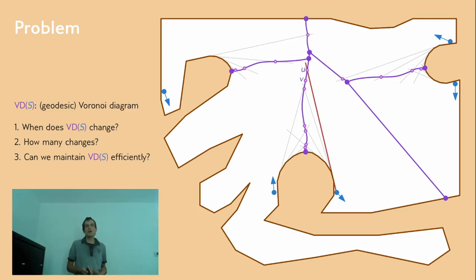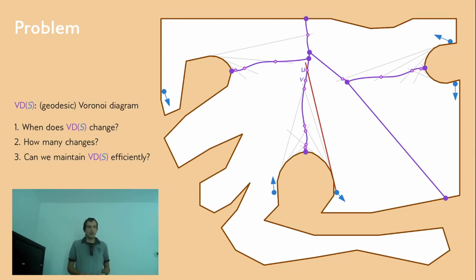So here, if our blue site in the bottom right keeps moving to the bottom right, then you'll see that this red line segment will rotate in counterclockwise orientation, causing these vertices u and v to bump into each other. This also adds different vertices and different types of events, complicating things.